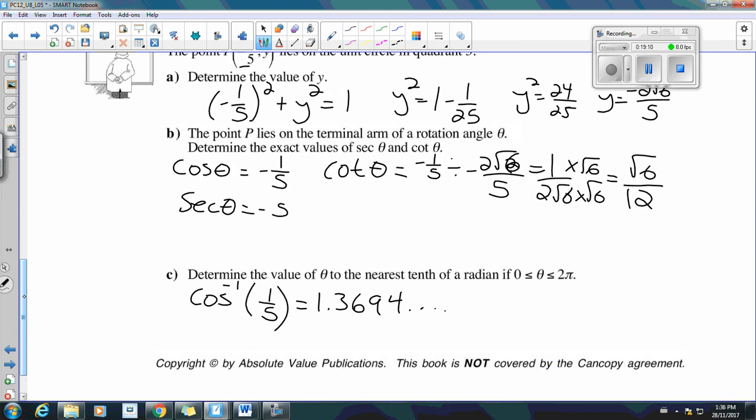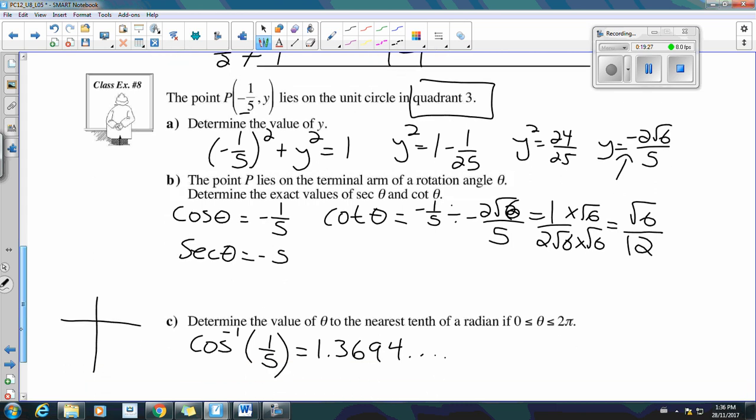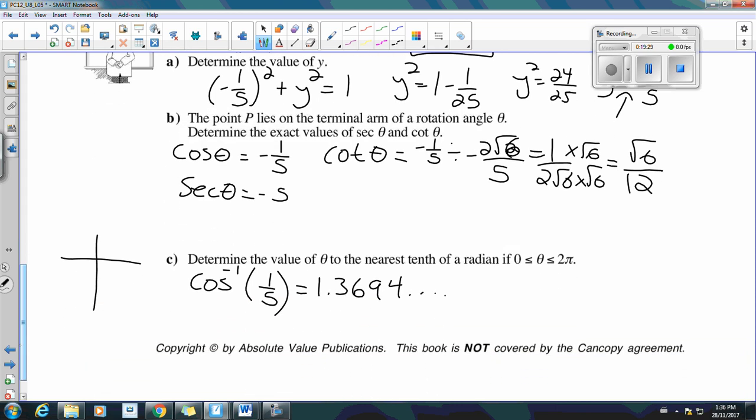Remember, this is our reference angle, so we need to figure out which quadrant we're in. We have negative x and negative y, because it told us here we were in quadrant 3. That's what allowed us to make sure that y value was negative here. So we are in quadrant 3.